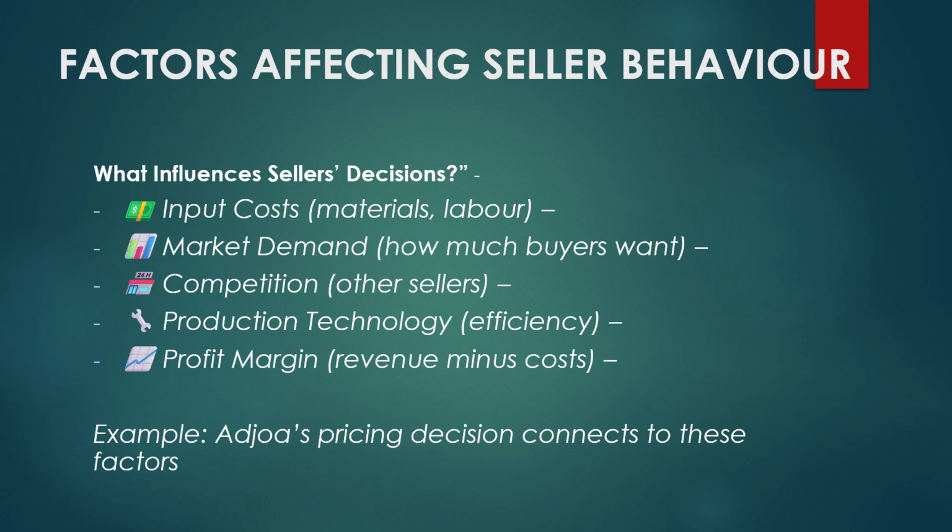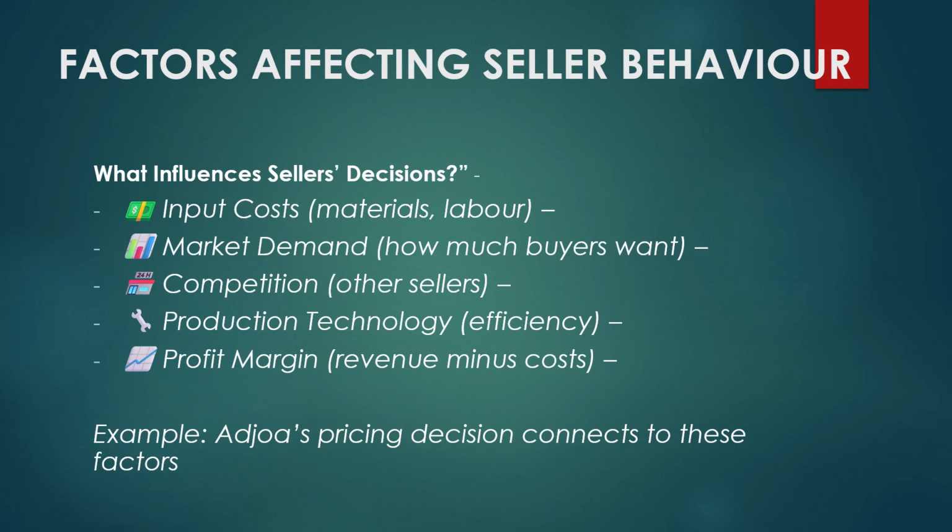The third is competition. Sellers consider what other sellers are charging. If competitors are charging lower prices, a seller might need to lower their price too, or find a way to differentiate their products. Adjoa faces competition from other craft vendors.